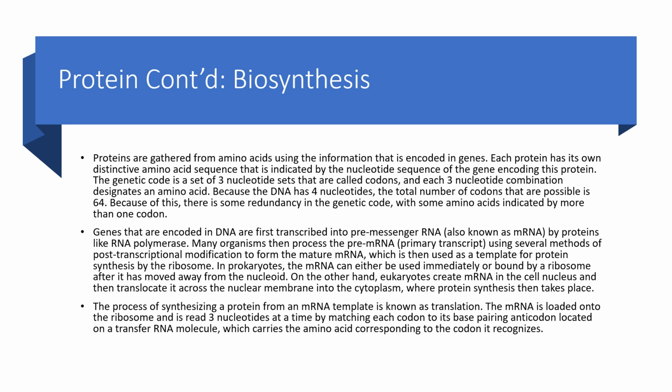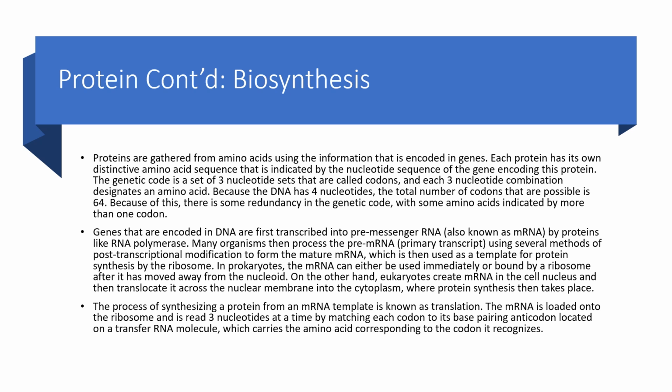In prokaryotes, the mRNA can either be used immediately or bound by a ribosome after it has moved away from the nucleotide. On the other hand, eukaryotes create mRNA in the cell nucleus, and then translocate it across the nuclear membrane into the cytoplasm, where protein synthesis then takes place.